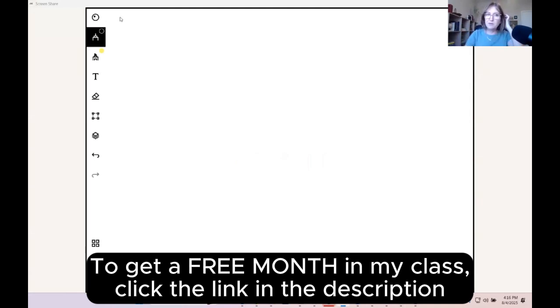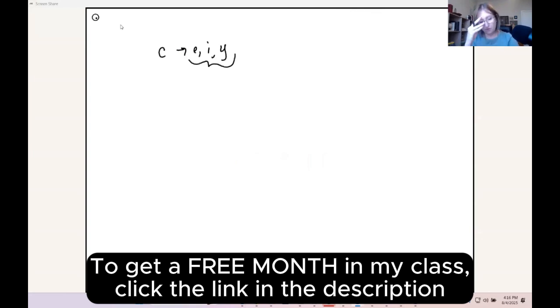Oh, I didn't really tell you much about the hard sound. So the soft sound of C is going to come if the next letter is an E, I, or Y. To remember E, I, Y, you just have to put it into a little chant or something that puts it into a different part of your brain so that it turns into a memorable sequence of letters.